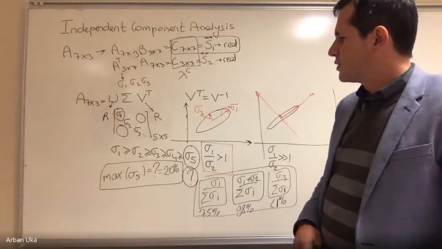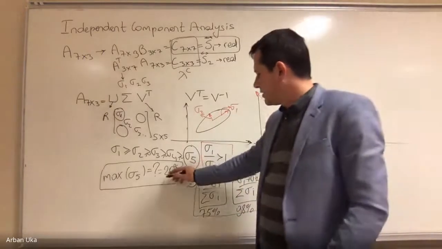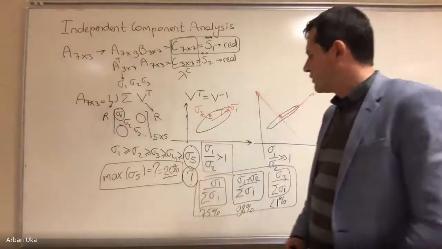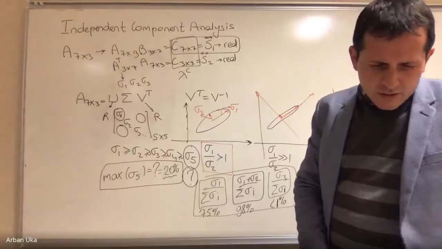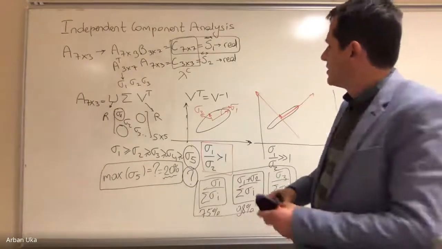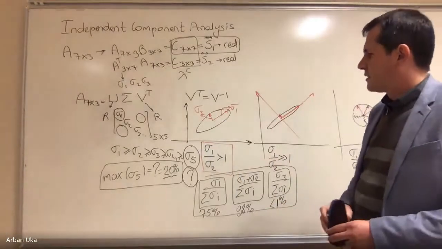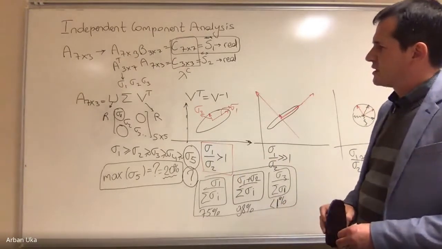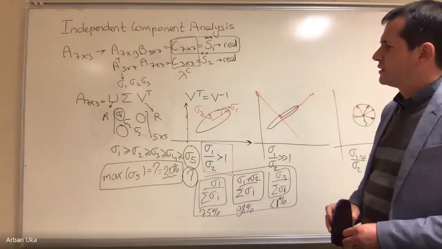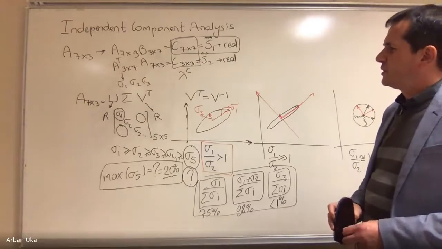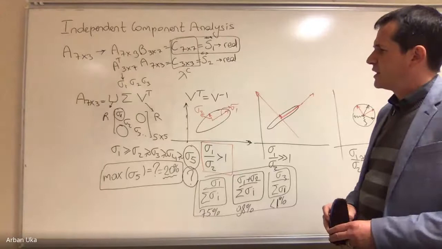But numbers in the order of 10,000 might see a convergence to this value of 20%. Okay, so this is again a small reminder regarding the use of sigmas when we try to figure out the weight on the major axis or on the dominant axis.